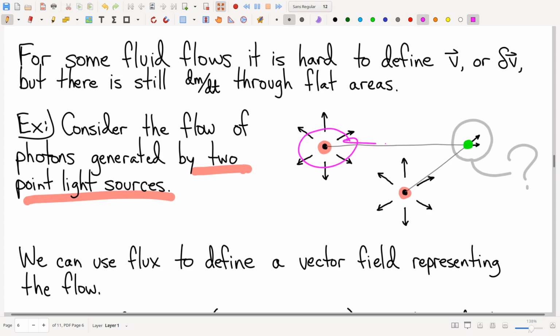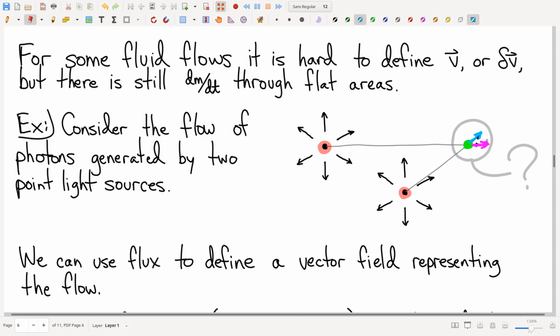Photons that come out of that point light source are going to be going that way, and photons that come out of this point light source are going to be going that way. So how do I talk about the velocity of the photons at this point? There's 2 different velocities. Problem.